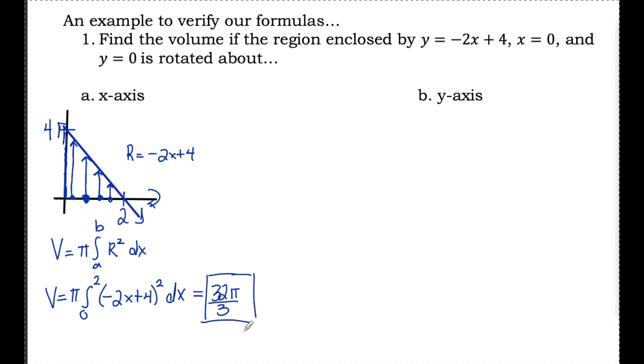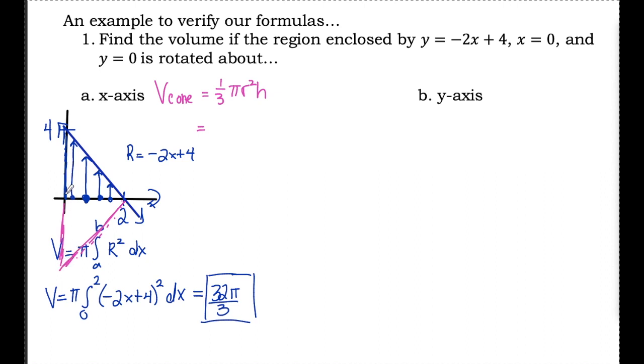Now, if I think about what this shape would actually look like if I were to revolve it around the x-axis, this would end up being a cone. So what I want to do is calculate the volume of that cone using our basic cone formula so we can verify that we did in fact find this correctly. So if this is my cone, this would end up being somewhere over here. Sorry to draw over this old work, but it is what it is.